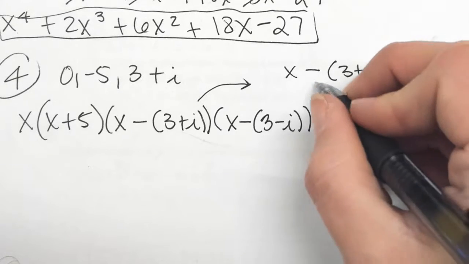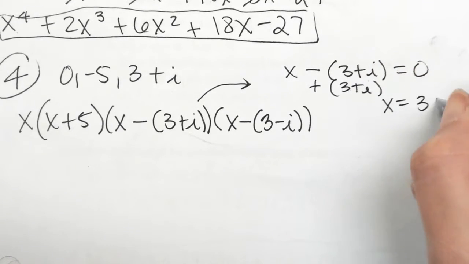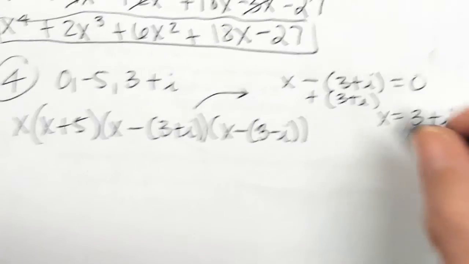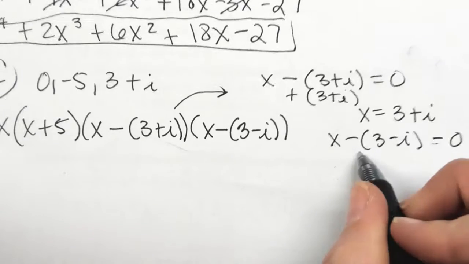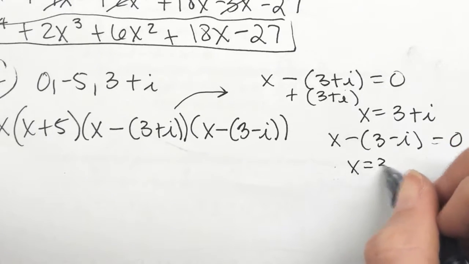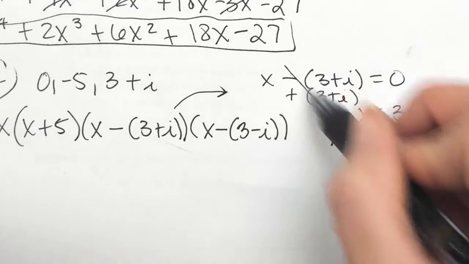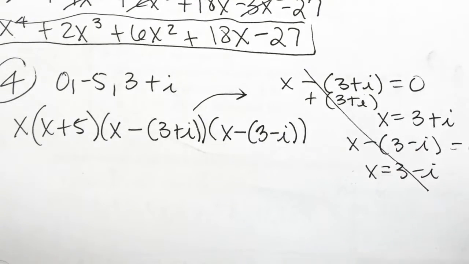We'd have to add 3 plus i. So we get x equals 3 plus i, which is one of our roots. If we set x minus 3 minus i equal to 0 to solve, we'd have to add it, right? And we get x equals 3 minus i. So there's our two cases, plus or minus. You need to do that because of the i. Yes. The i always has two cases because it's talking about square root.